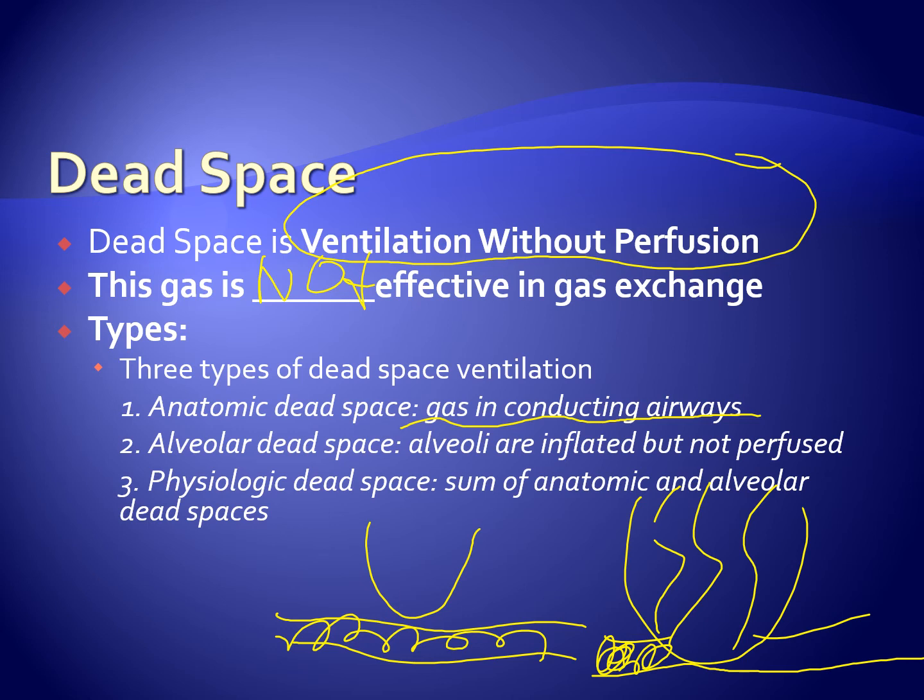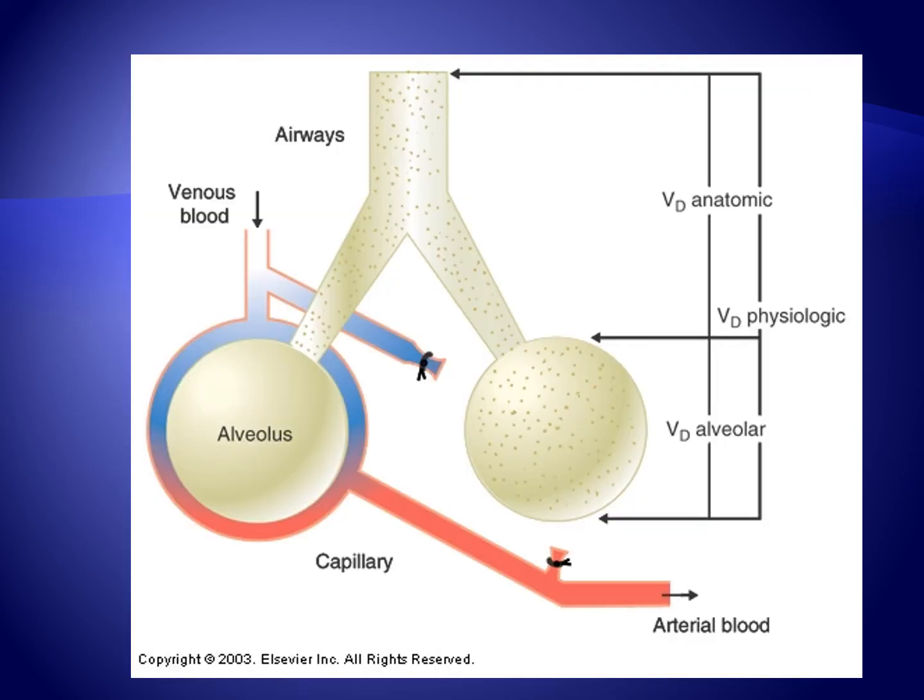Physiologic dead space is an umbrella term that just combines these two. So overall, how much dead space do they have going on with both anatomic and alveolar combined? Well, how do we know what's normal for someone? When we're looking at this, this is the graph that I was just sort of trying to draw. What's normal for someone for anatomic dead space?